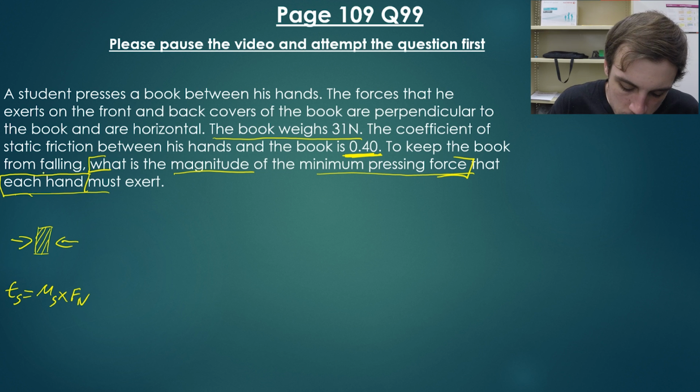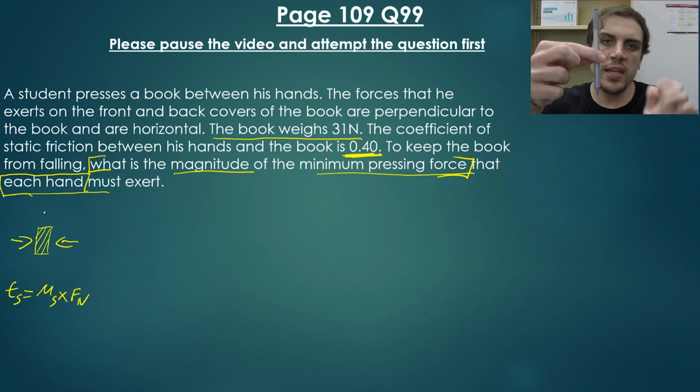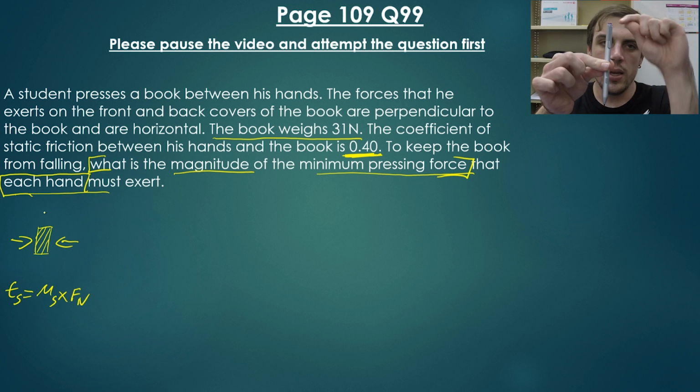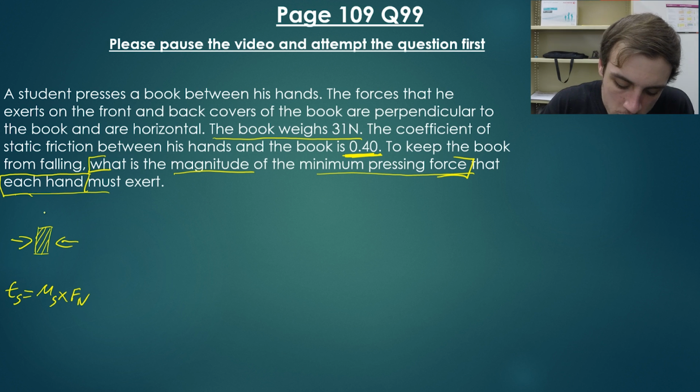Now, the force normal here is always perpendicular to the friction. So if we're holding our hands onto the book like this, that means the friction is going to be working this way. So perpendicular, that means the force normal is going to be our pressing force.